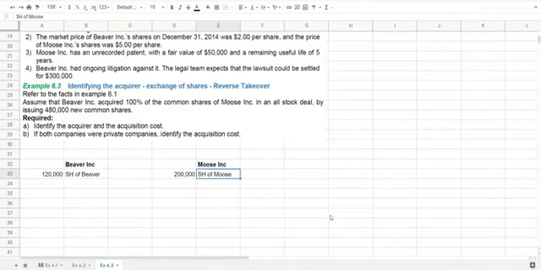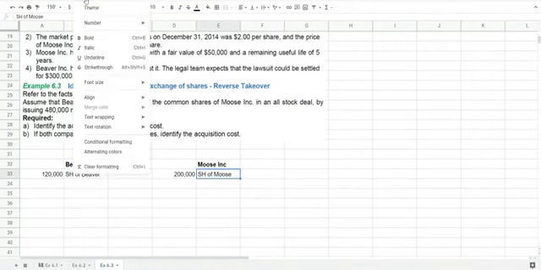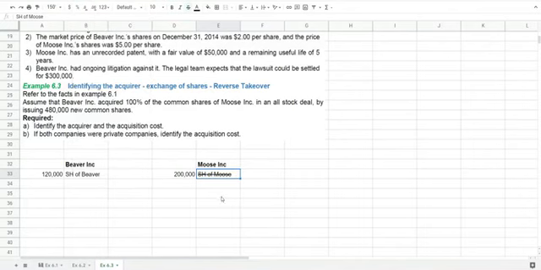So basically it replaces the shareholders of Moose by itself. So Beaver Inc. now becomes the new shareholder. And these 200,000 shares that Moose had outstanding now belong to Beaver. Okay? So Beaver has bought all the shares of Moose.